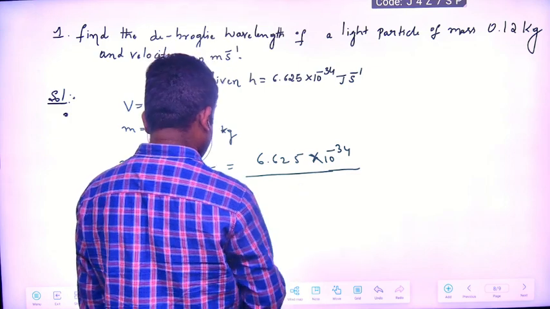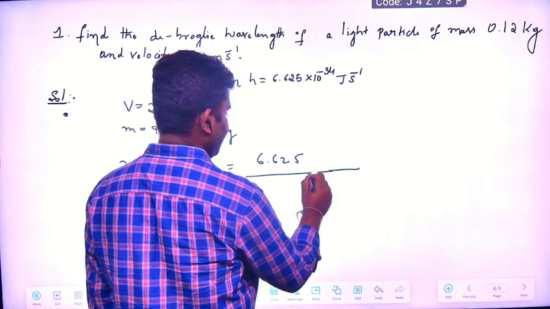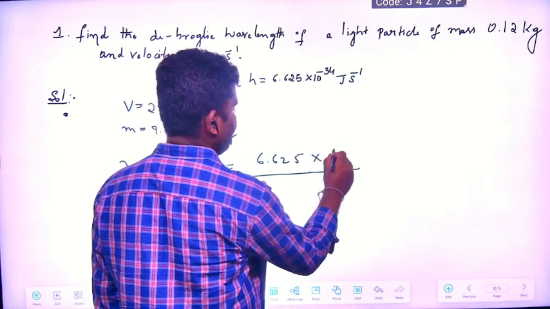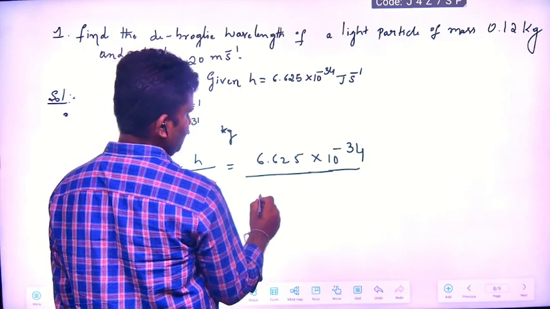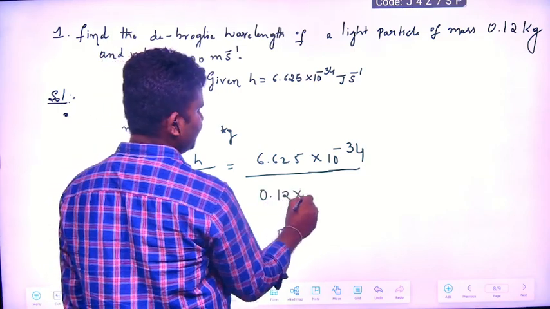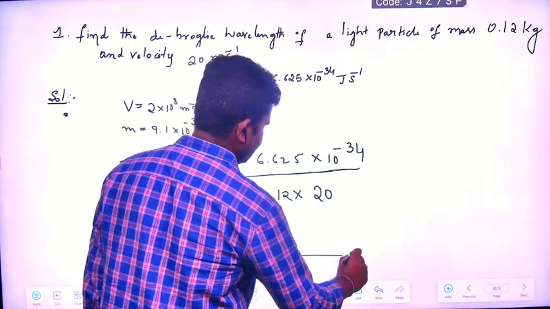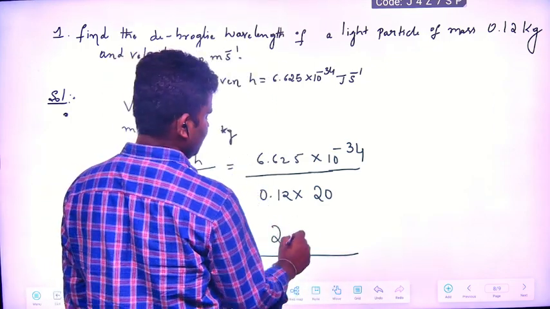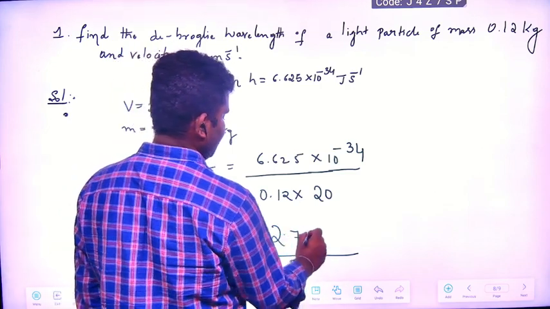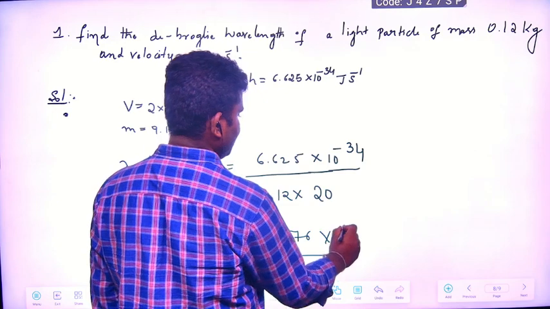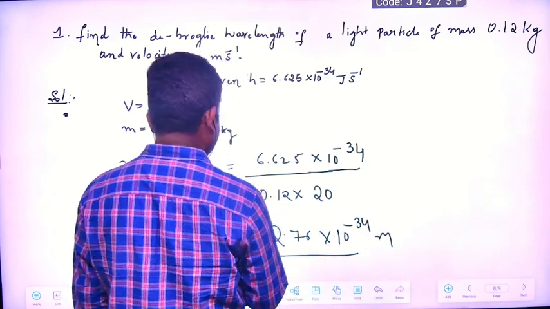Next, mass is 0.12 into velocity 20. How much will you get this? Into 10 to the power of minus 34 meter. Very less, no?